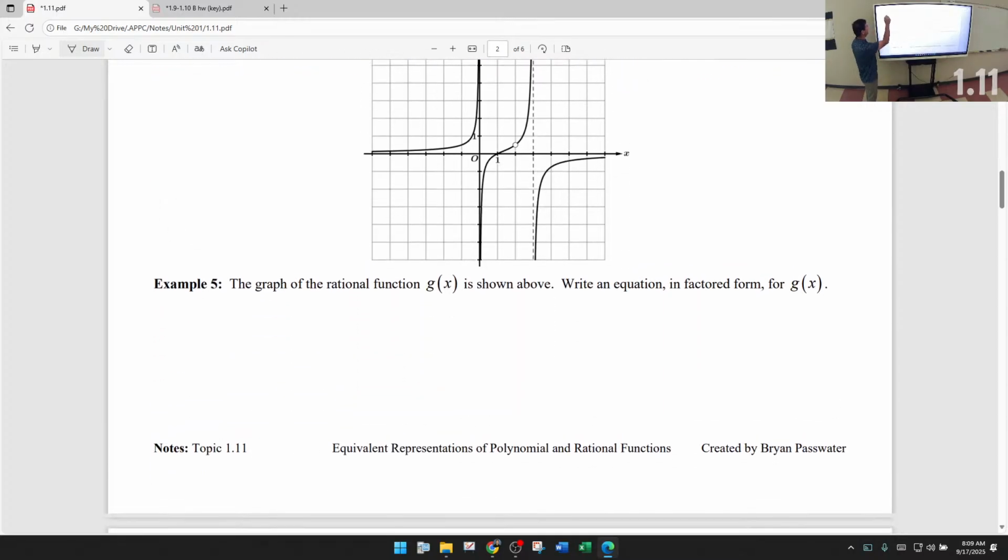Let's see if I can mess this one up. Graph is shown, write an equation, g of x. Okay, that's going to give me part of it. All right, and I bet I got a fraction. And I got a vertical at 1, 2, 3 again. It looks like I got a vertical at 0 too.